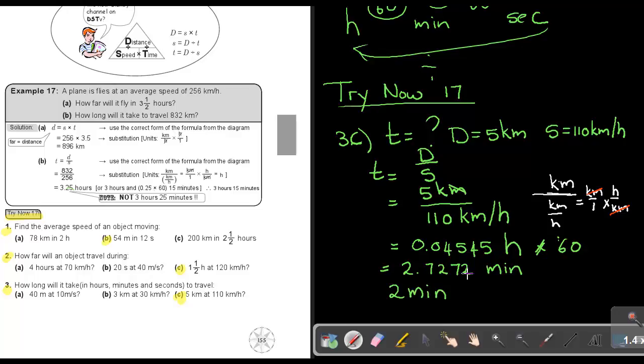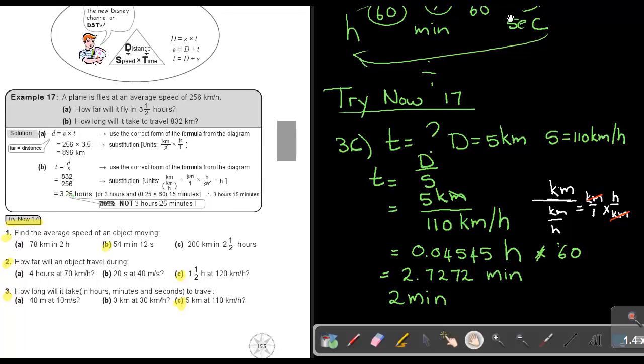Now to take that from minutes to seconds, I must multiply by 60. But don't multiply the whole number. First subtract the 2. You already wrote down the 2. So subtract the 2 so that you get 0.7272. And then you multiply it by 60.